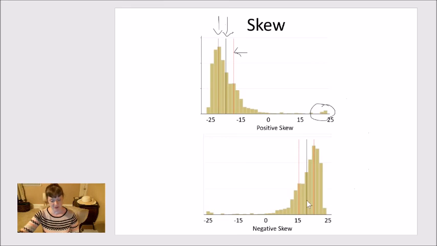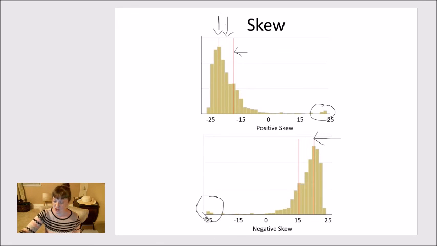Now, if you have negative skew, it's just the reverse. In negative skew, left-hand skew, the extra extreme scores are on the left-hand side. And so everything is just reversed. Once again, the peak of the mountain is where the mode is, always.